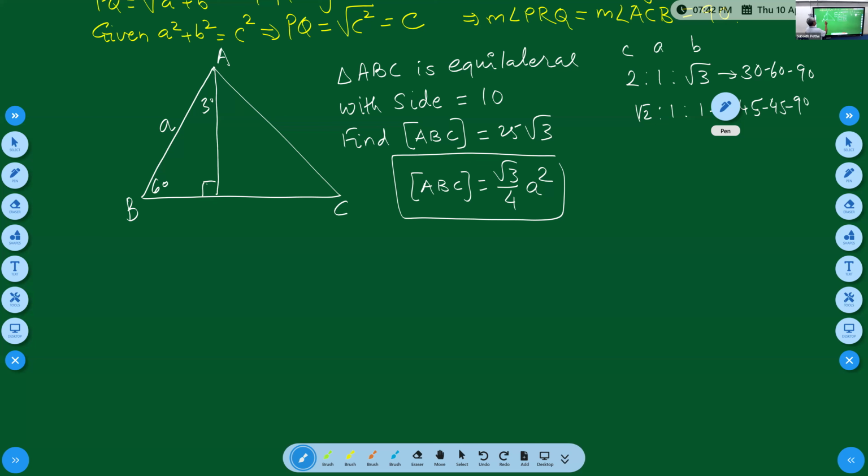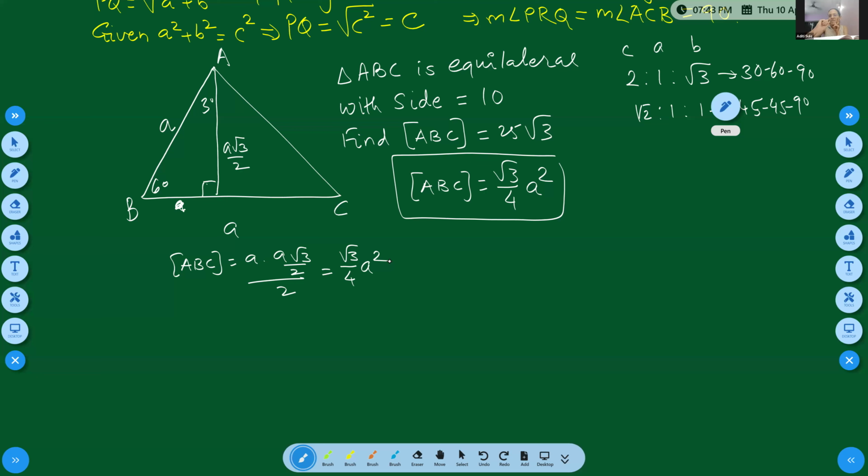So this is a/2. We want the height basically. Base is a. Height is a√3/2. So the area of ABC is equal to a into a√3/2 upon 2, which is √3/4 a square. Good.